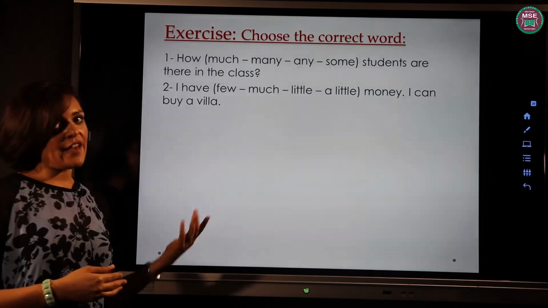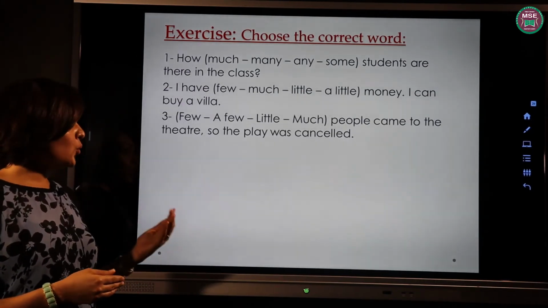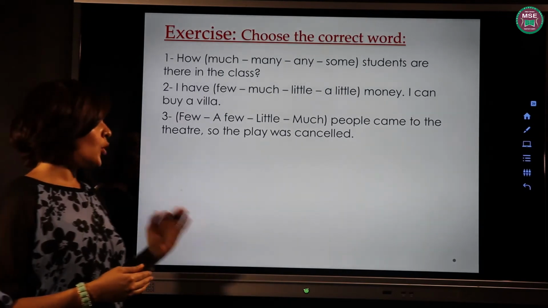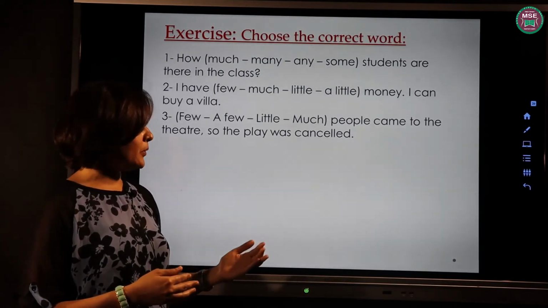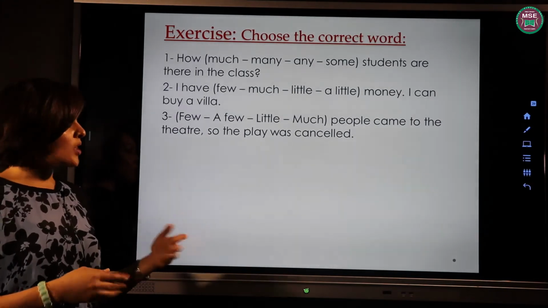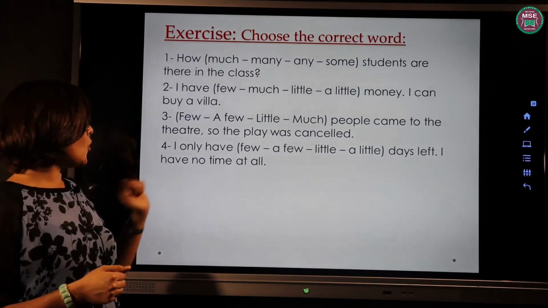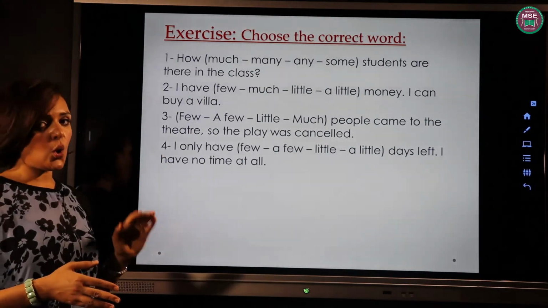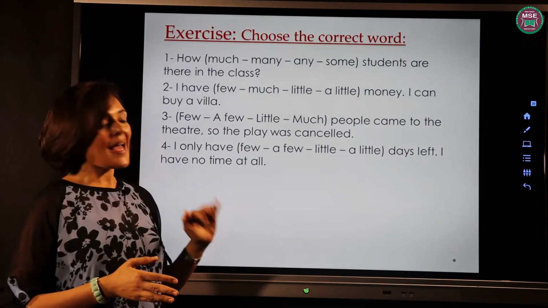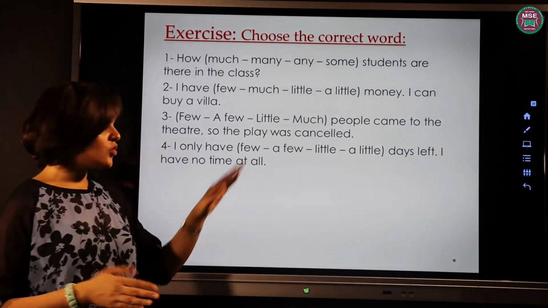I can buy a villa. Number 3, few or a few or little or much people came to the theater, so the play was cancelled. It was delayed. Number 4, I only have few or a few, little or a little days left. I have no time at all.